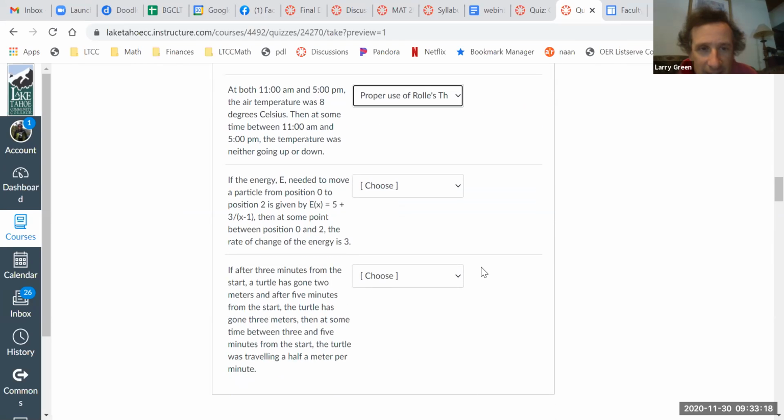If the energy E needed to move a particle from position 0 to position 2 is given by E of x equals 5 plus 3 over x minus 1, then at some point between position 0 and 2, the rate of change in the energy is 3. So what is this one?